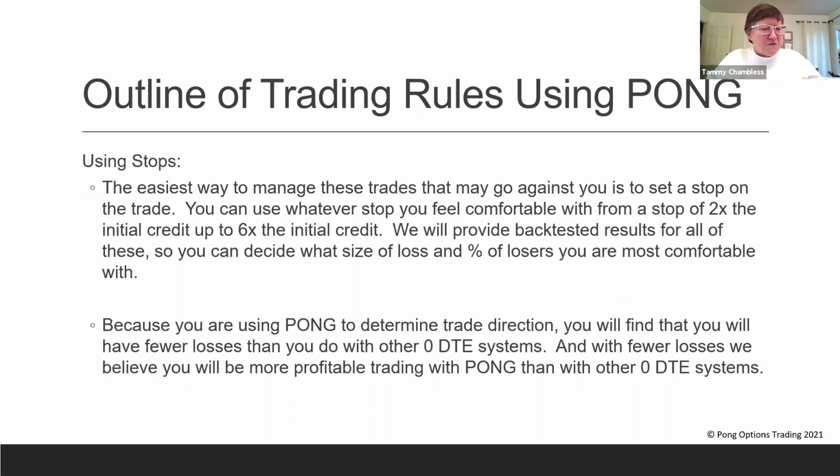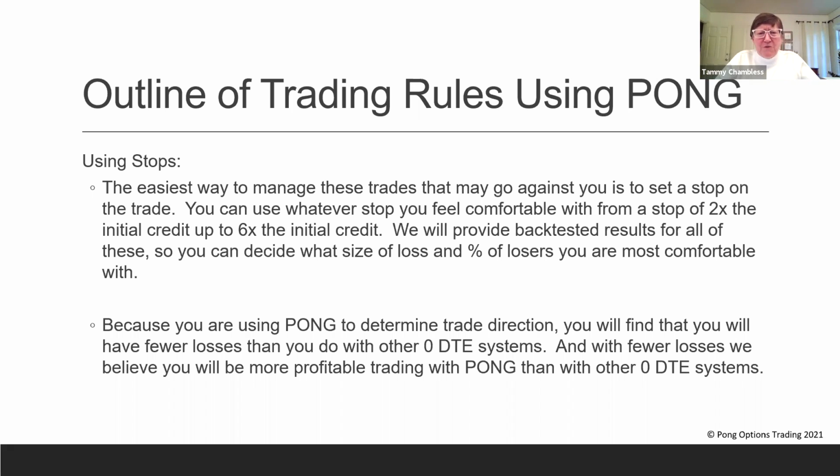And like with my old 0DTE system, you can use stops with this, and that's the easiest way to manage these trades and to keep losses small. You can use whatever stop you feel comfortable with. We're providing backtesting results for stops from 2 times the initial credit up to 6 times the initial credit, which gives you a net 1 times loss or a net 5 times loss.